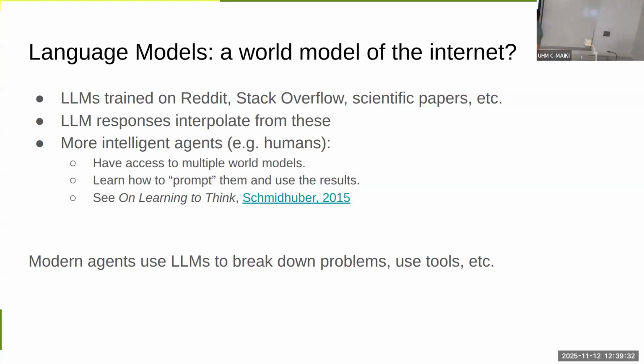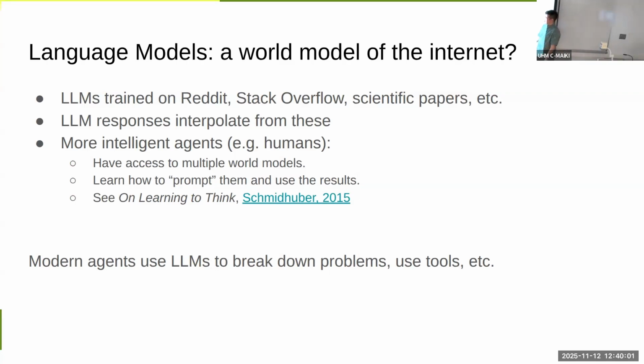So in this other paper, Schmidhuber argues that really intelligent agents, evolving beyond the lizard brain of LLMs, have access to multiple world models. So you have models of how people will respond to your actions, how physics works, how your car responds to you.